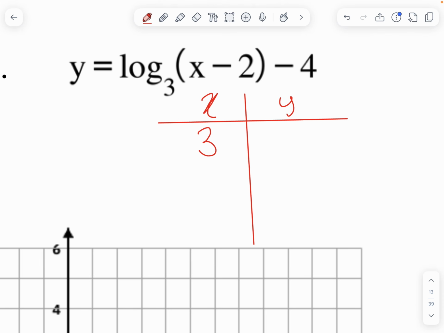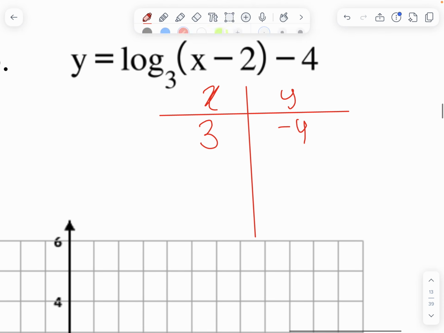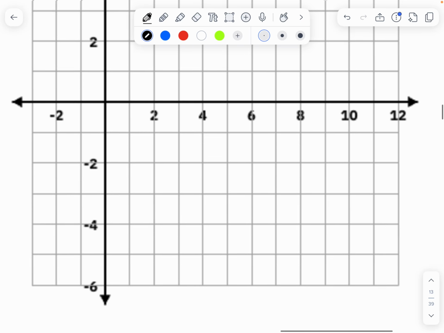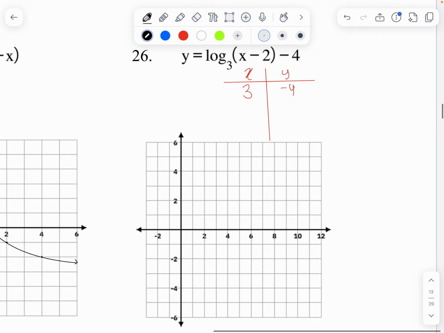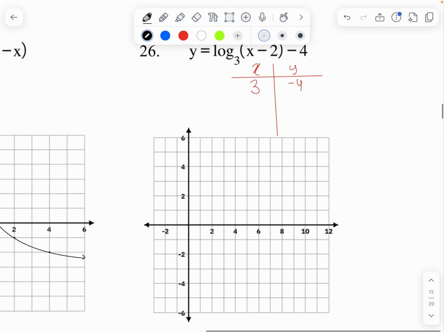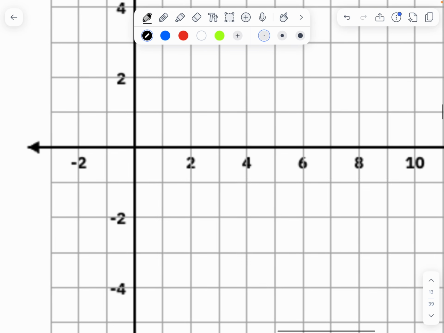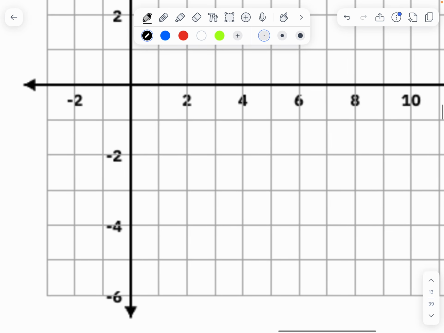And 0 minus 4 is -4. So our first point would be 3, negative 4.